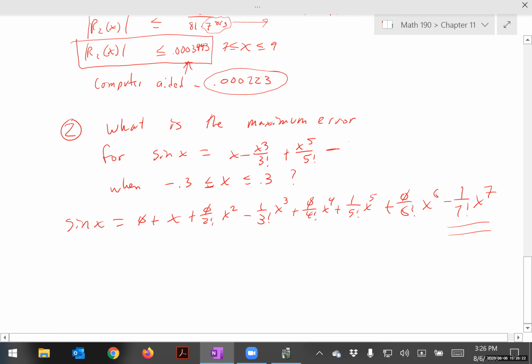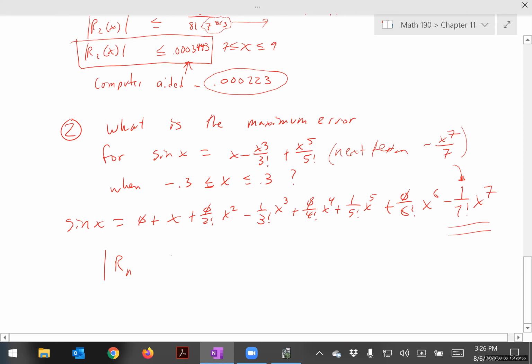So I'll show you, the next term here is going to be a negative x to the 7 over 7, right? So that's the next term that we found here. Okay, so why is that so important? Well, again, let's look at the error, the remainder R sub n of x.